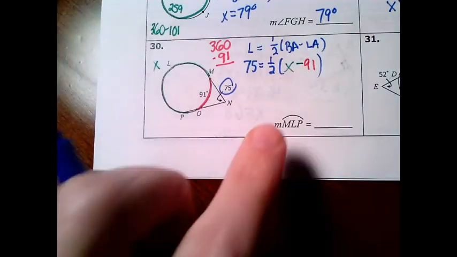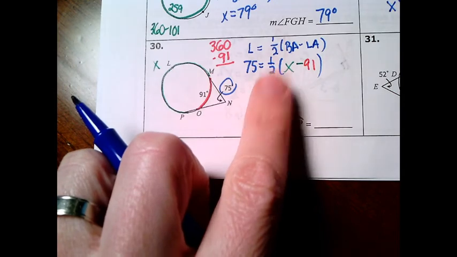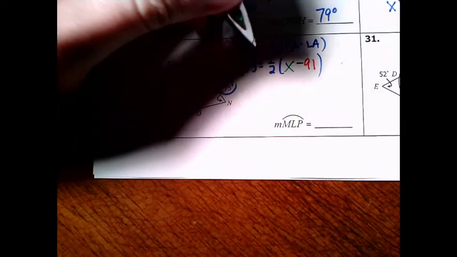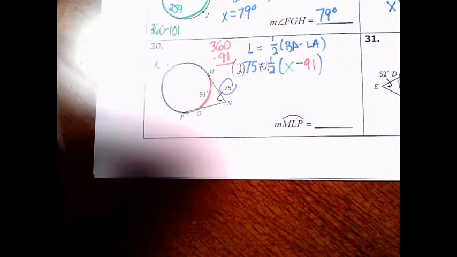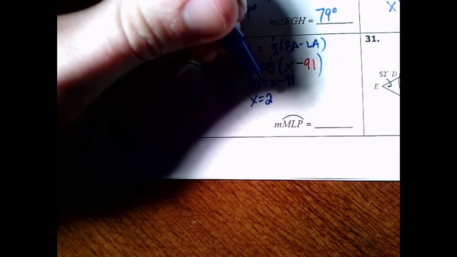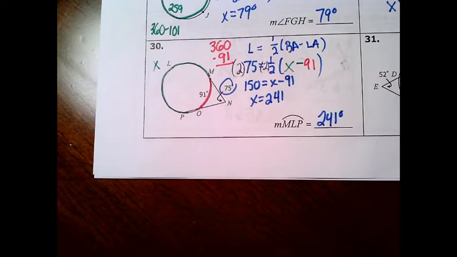So again, to get rid of that 1/2, we multiply both sides by 2. So if I multiply by 2, that gives me 150 equals x minus 91. If I add 91 to both sides, x gives me 241. That's my answer to that.